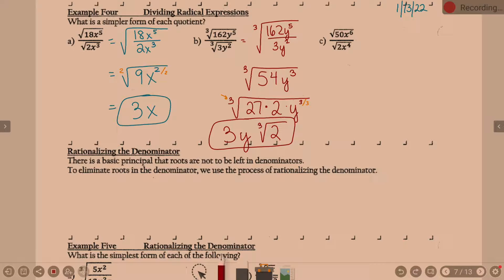Okay, C. Square root of 50x to the 6th divided by square root of 2x to the 4th. Can these become one radical? Yeah, they are both square roots. So square root of 50x to the 6th over 2x to the 4th.